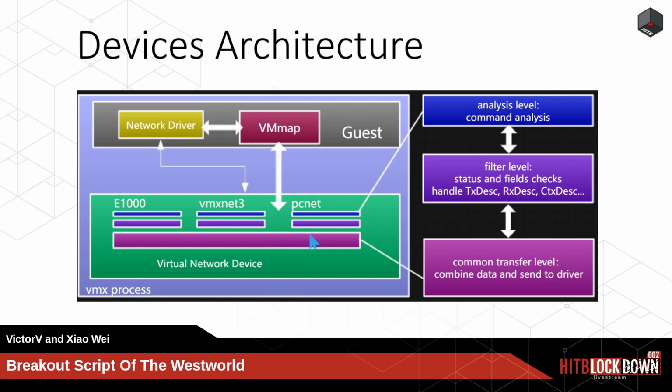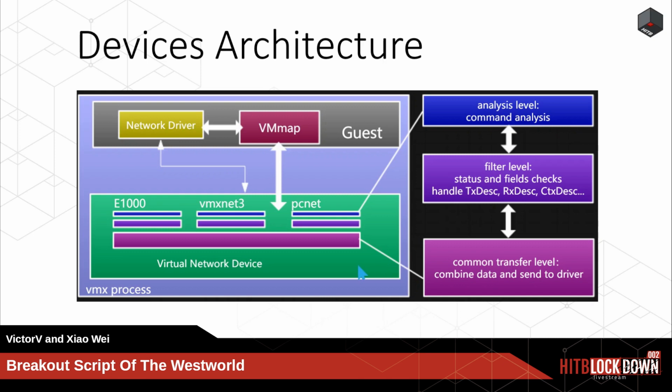Here is an abstract picture of the VMX process architecture in VMware Workstation. There are 3 different virtual network devices shown in this picture. Each device has its own command analysis function and filter function. They use a common transfer function to handle network data.